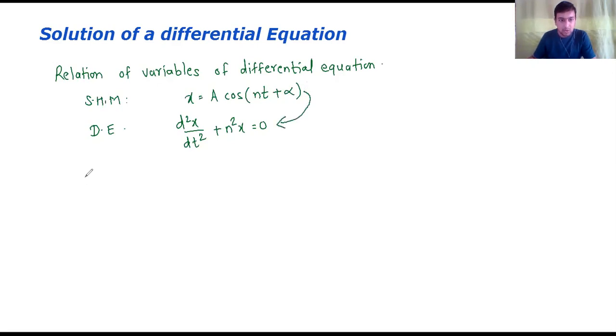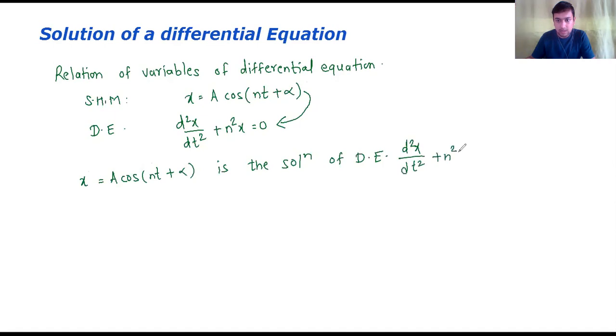So x is equal to a cos nt plus alpha is the solution of the differential equation d square x upon dt square plus n square x equal to 0.